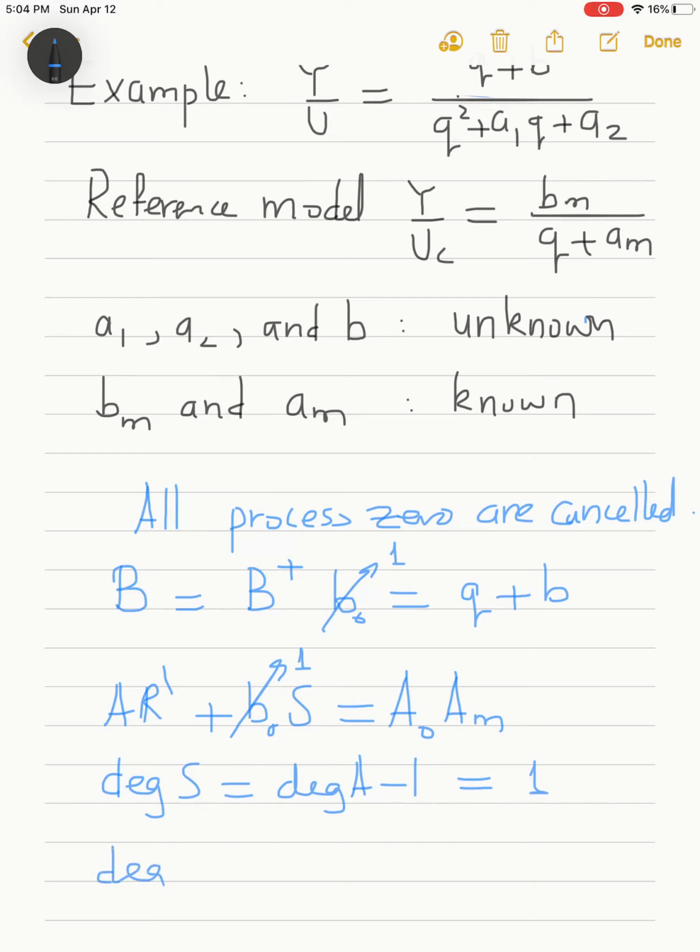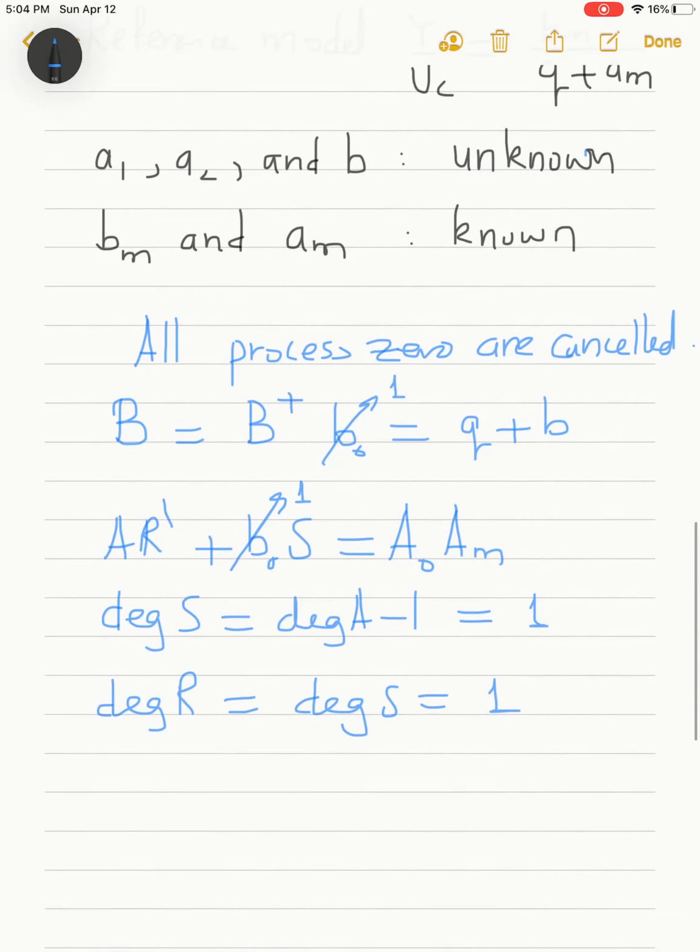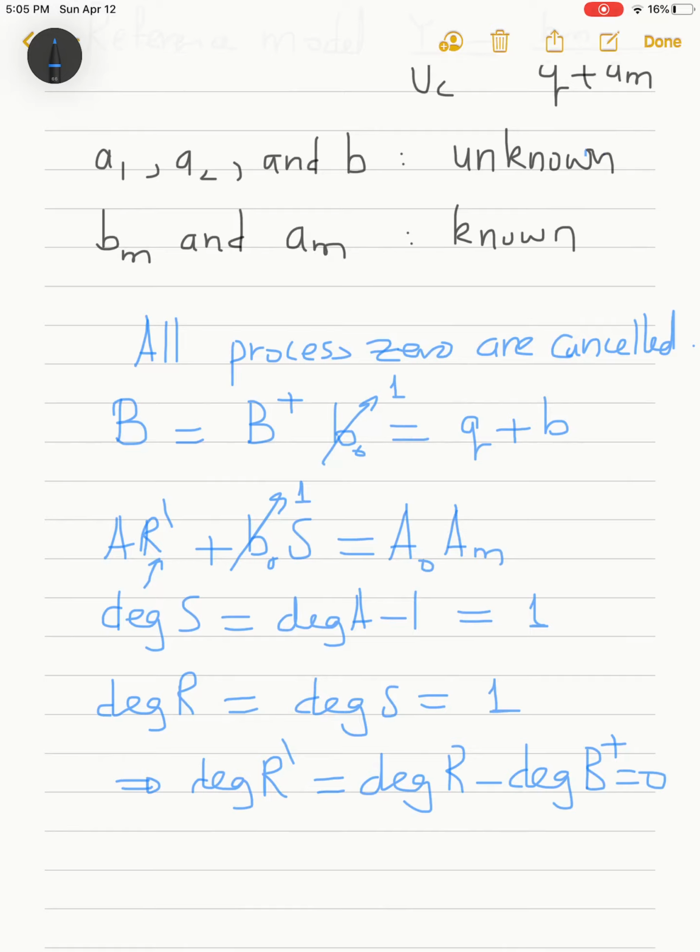And the degree of R will be equal to the degree of S, which is 1 again. So that means that the degree of R dash, which is the degree of R minus the degree of B plus, will be equal to 0. So now I know the degree of R dash, it is 0, and actually R dash is normally a monic polynomial, so I can take R dash equal to 1.